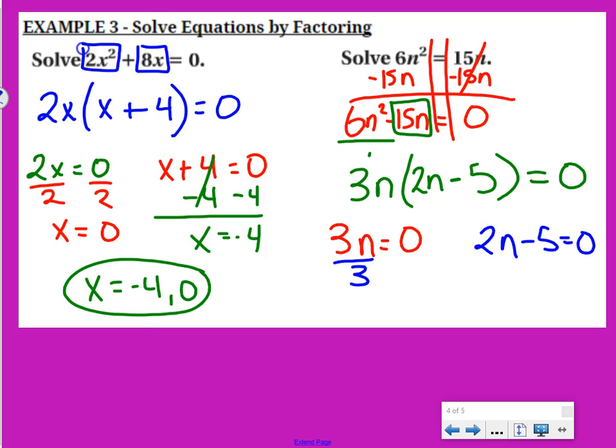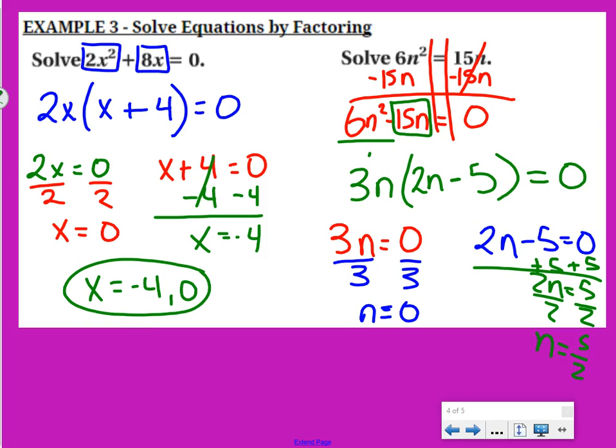Solve both equations, divide by 3, n equals 0, and add 5 to both sides. 2n equals 5, divide by 2, n equals 5 over 2. So our solution would be n equals 0, 5 over 2.